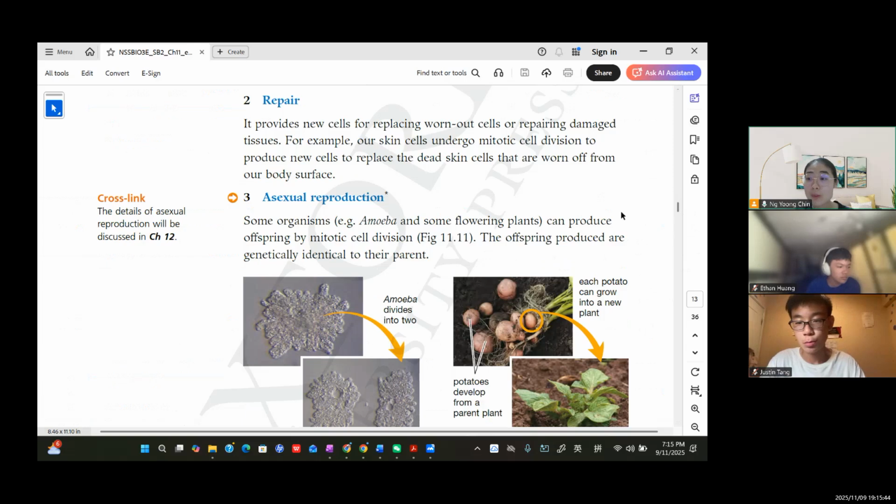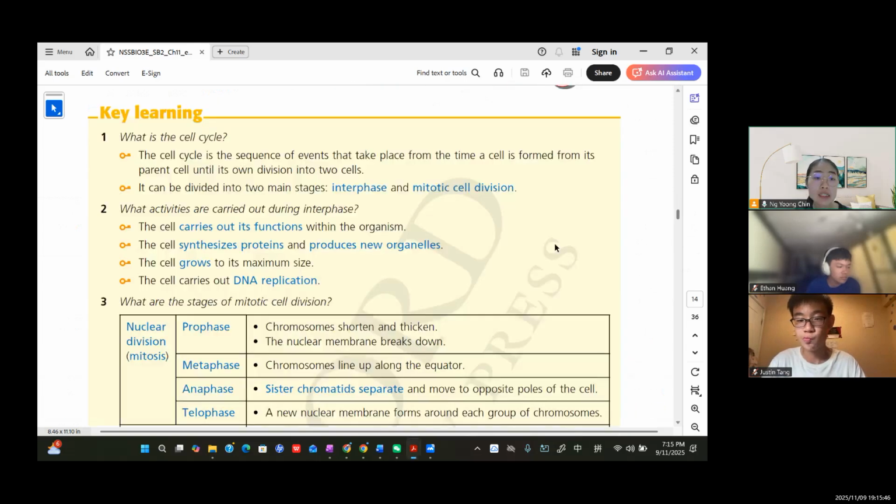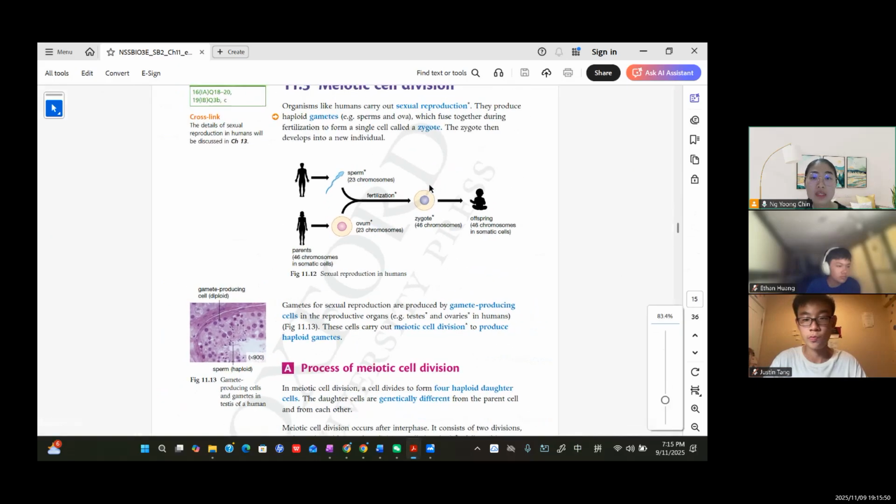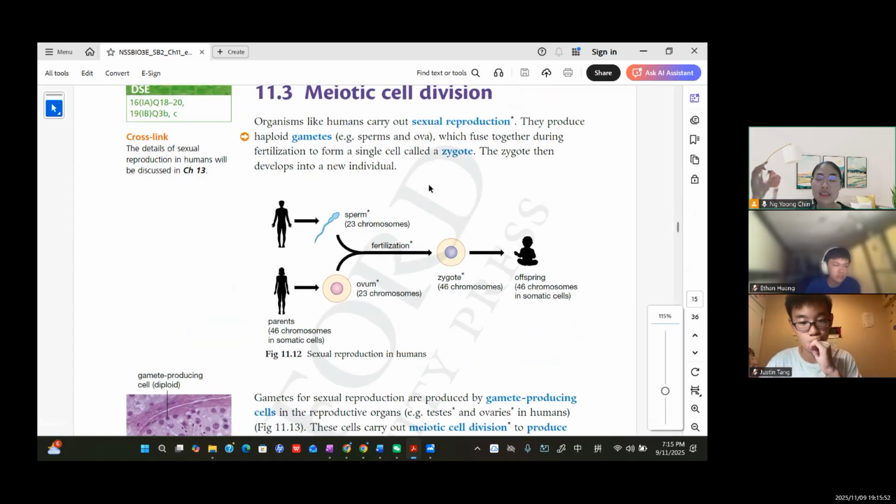So let me show you about meiosis. How is the process? When we talk about meiosis, it's a process that is also considered cell division, but meiosis mainly aims to produce the gamete cells, which are the sperm and the ovum. Okay, in the plant, it will be the pollen grains.